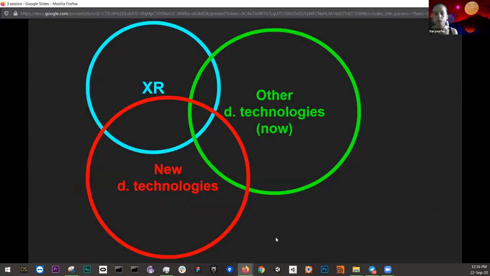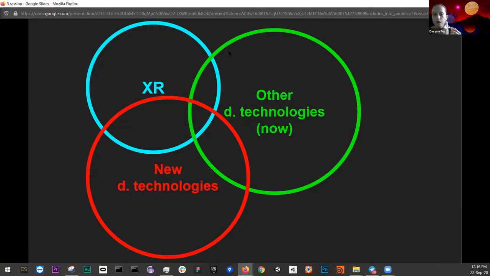The reason why I want to widen the terms is because XR technologies are only a small part of the digital technologies, and in the art pieces we want to make, we can use several techniques. So we can combine virtual reality and, for example, artificial intelligence and performance.